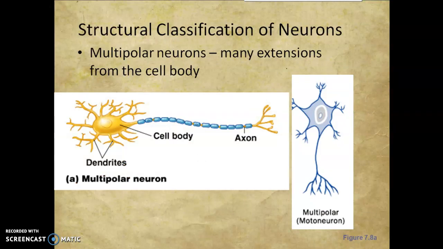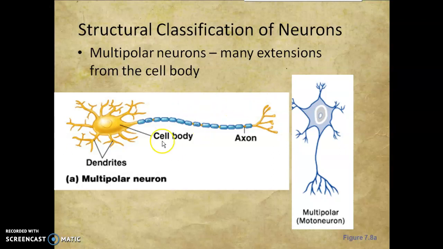And here we go again, just looking at how these guys are kind of built. We've already talked about multipolar neurons. They have a lot of extensions from the cell body. They're what we typically see when we're looking at diagrams on practice worksheets and things like that, just because we tend to have more of these around.